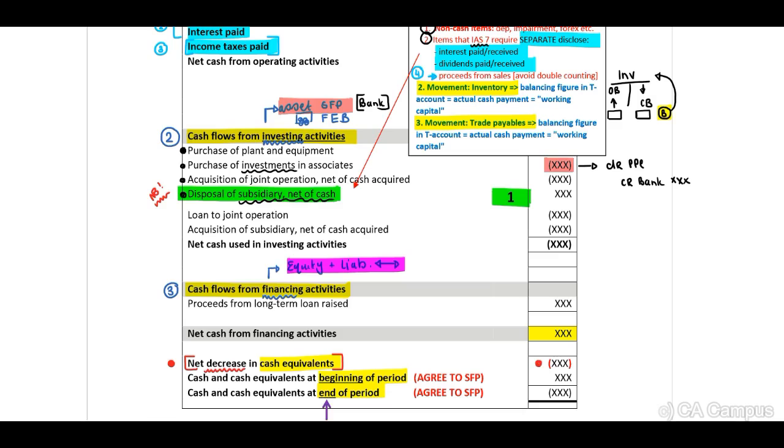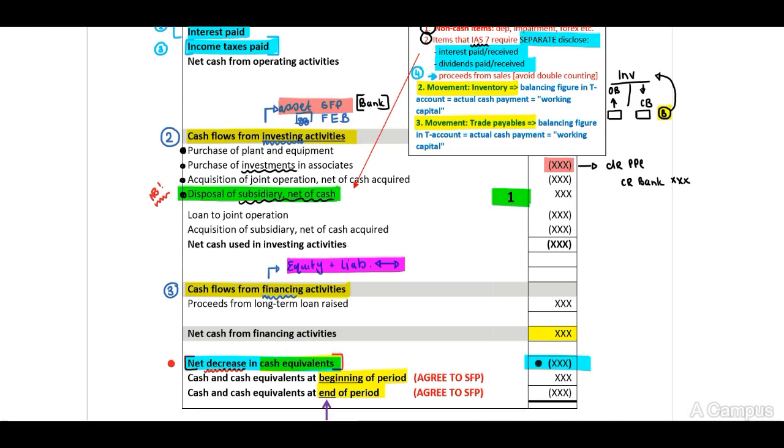Guys, at the bottom of your screen, net decrease in cash equivalents, you need to remember to include your brackets. Okay? Now, when you look at this, you need to think about the implication on your bank account. Remember, your bank account decreased on the credit side, increased on the debit side.